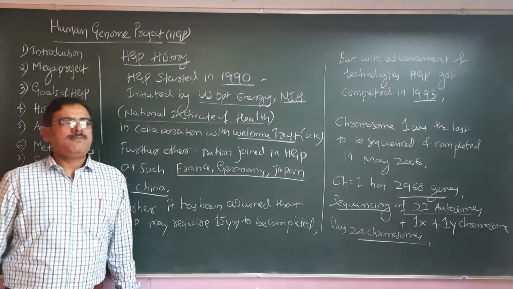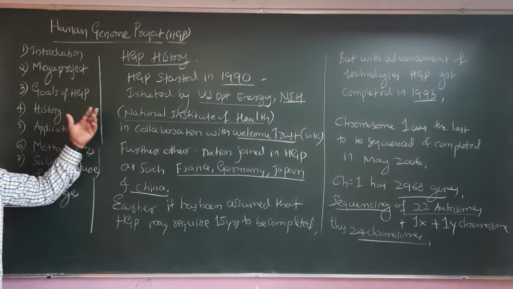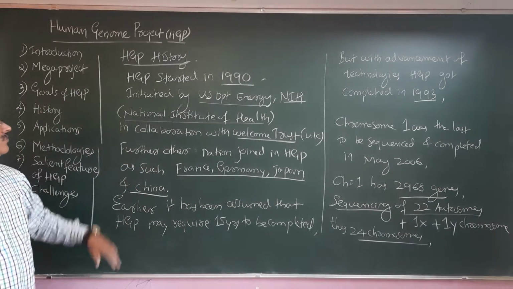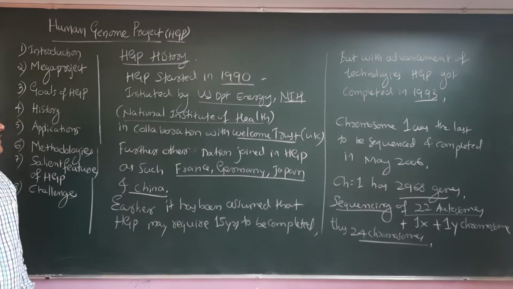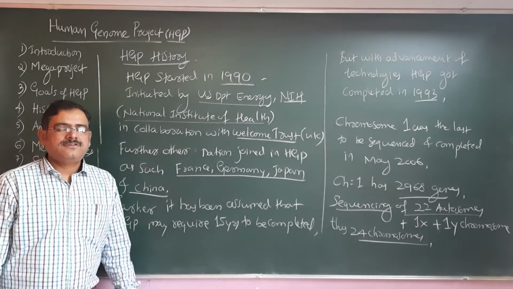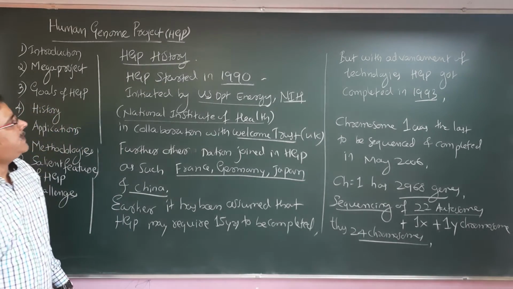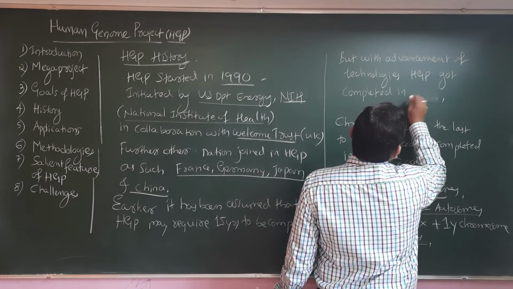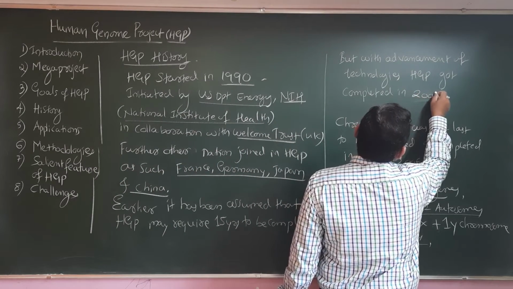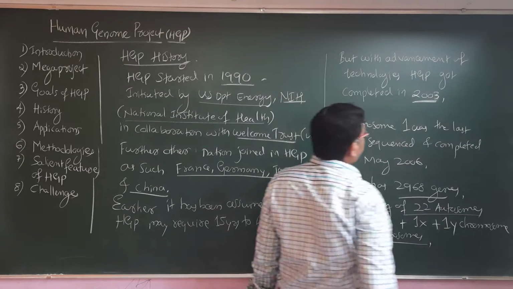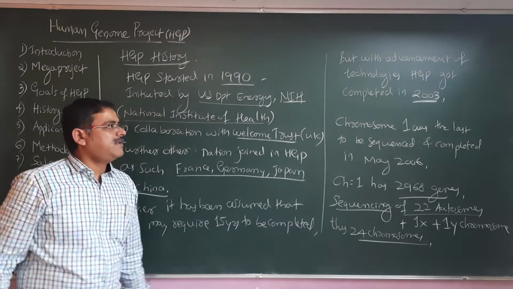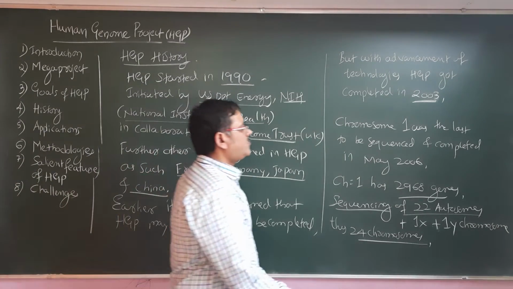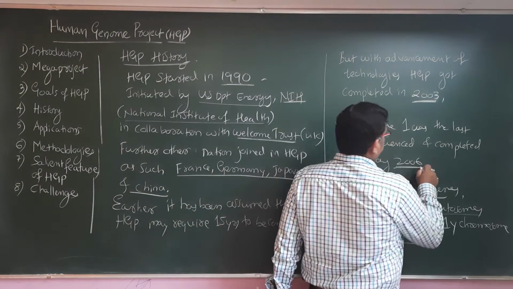So this is all about the history of the Human Genome Project, which started in 1990 and ended in 2003, completed within a span of 13 years.